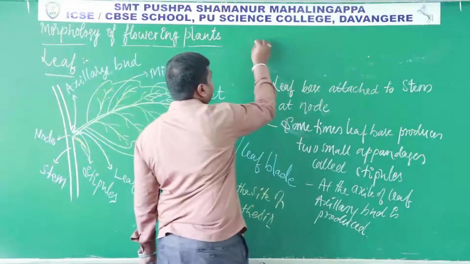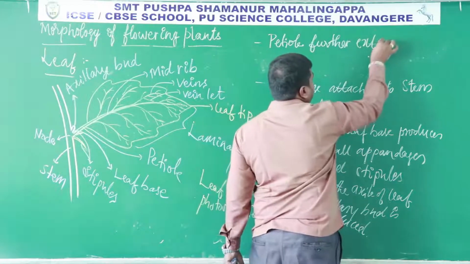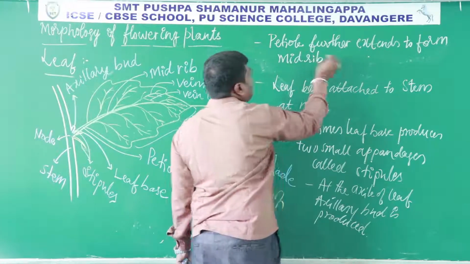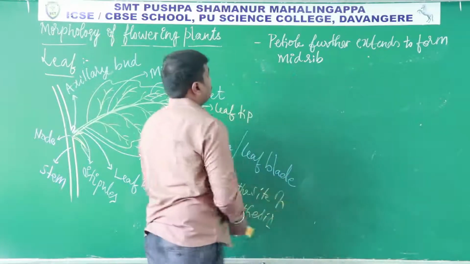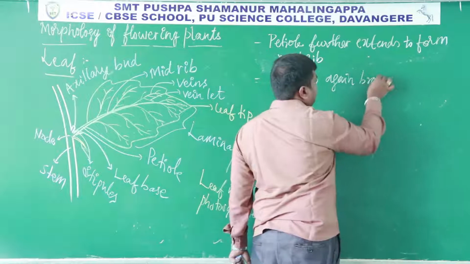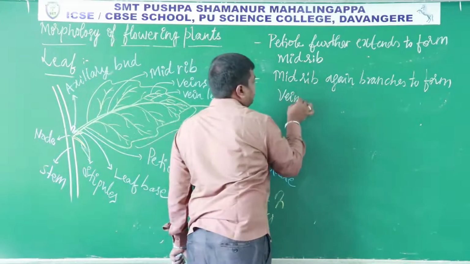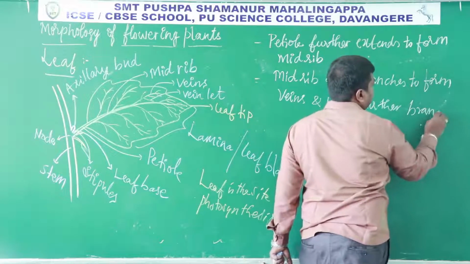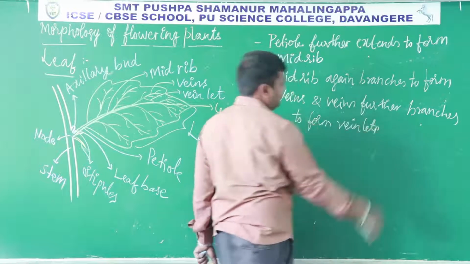Then the petiole further extends to form the midrib. The midrib again branches to form veins, and the veins further branch to form veinlets.